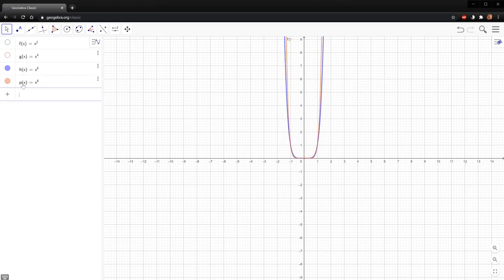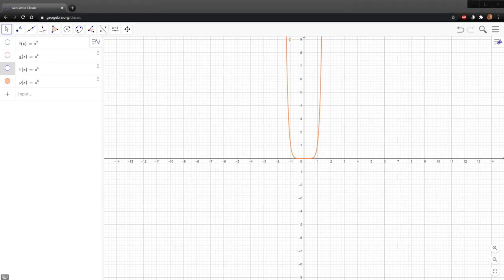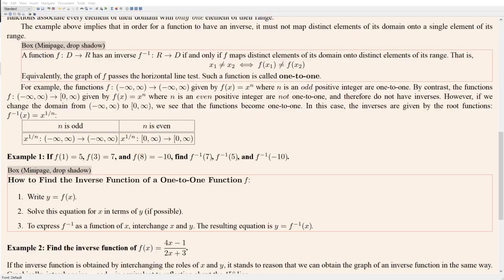X to the power 8 has the same problem. And it continues on in this pattern forever. It has the same sort of issue where it appears to get flatter and flatter towards the origin, but aside from that, they all generally look like this. So those functions are not one-to-one, and therefore they don't have inverses.